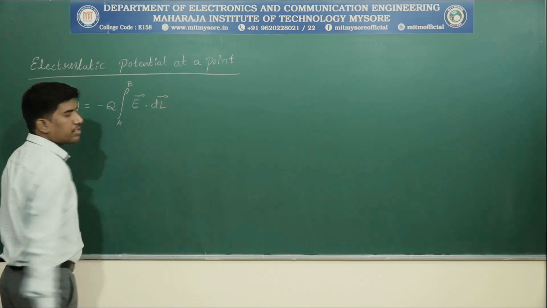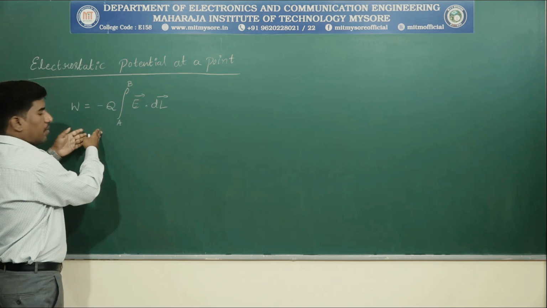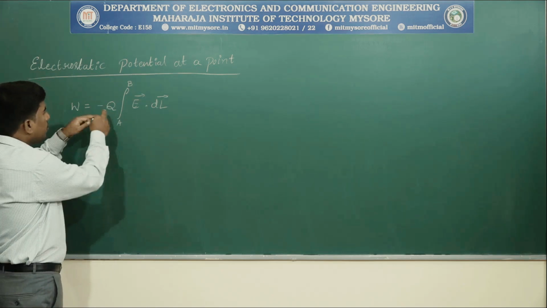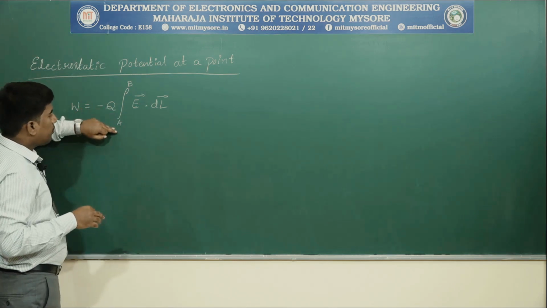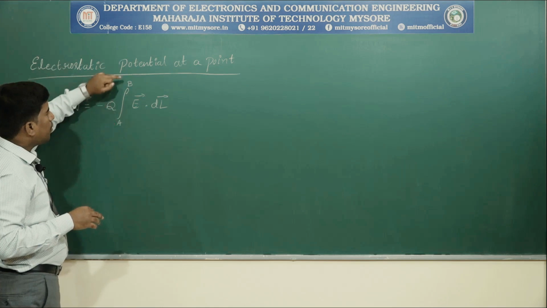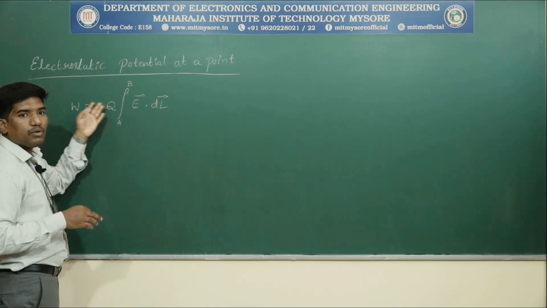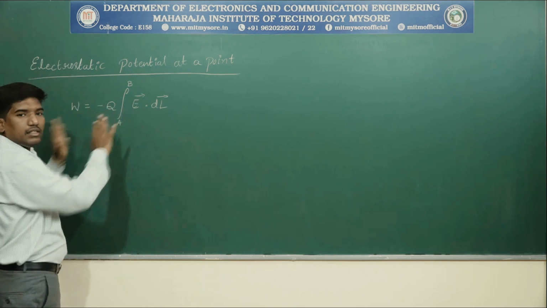This is the equation which we derived in our previous class. It gives the work done when a unit positive charge Q is pushed from point A to B in a constant electric field in the opposite direction.